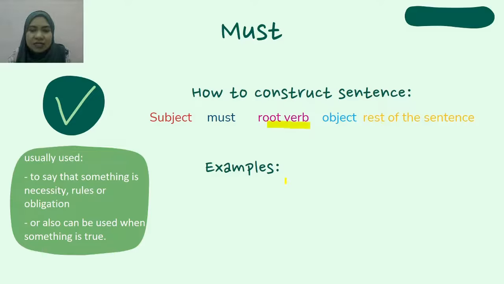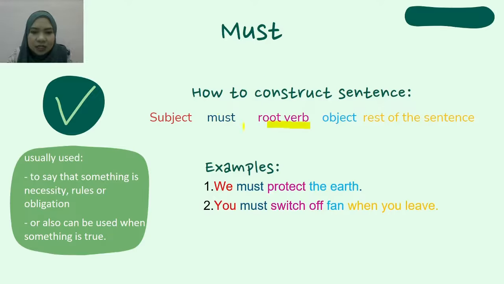Okay, so let's look at the examples together. Okay, number 1, we must protect the earth. We, subject, must, root verb, protect the earth, object. So this is a short sentence without rest of the sentence. Okay, so we must protect the earth.